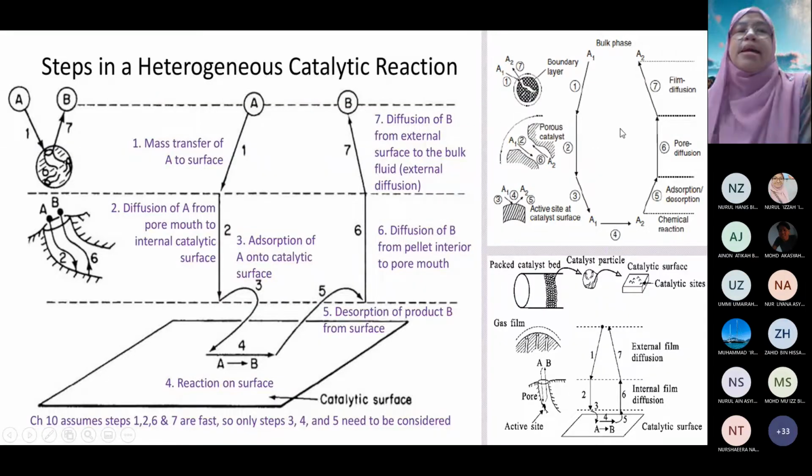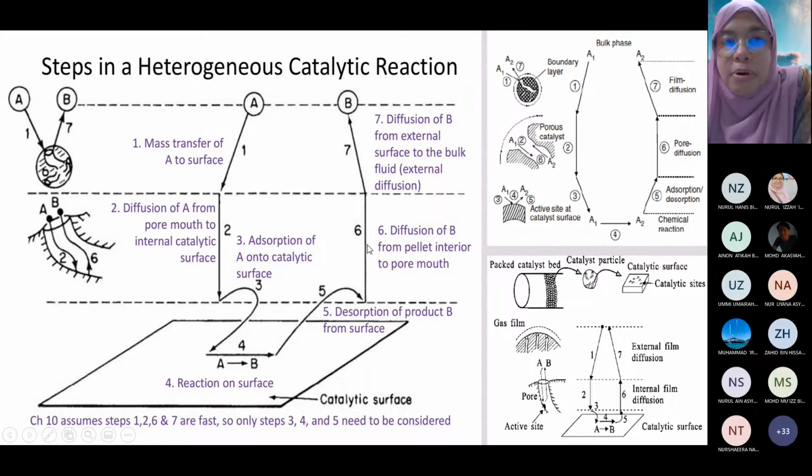Boleh. Alright. Okay. So this is how the catalytic reaction occur, heterogeneous catalytic reaction occur. So this is the 7 steps of reaction involved for the chemical reaction on the porous catalyst.